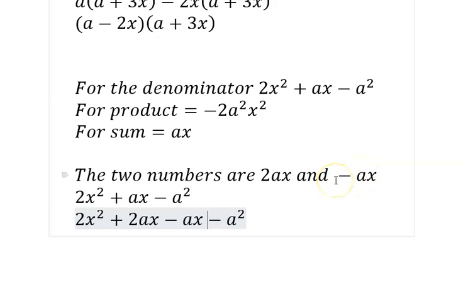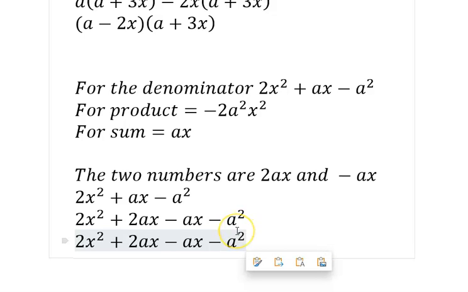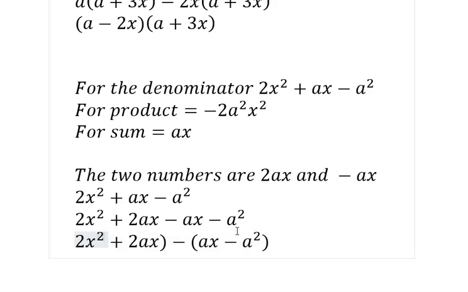So now I have 2x squared plus 2ax minus ax minus a squared. So very easy. Like we did for our numerator, we are also doing it for our denominator. Awesome. So all we need to do is put this in brackets. Put this in brackets. This as well. And this is beautiful.